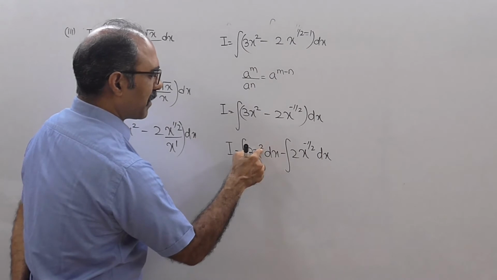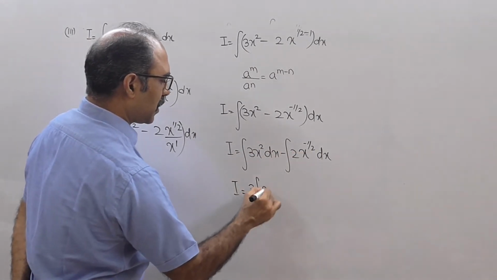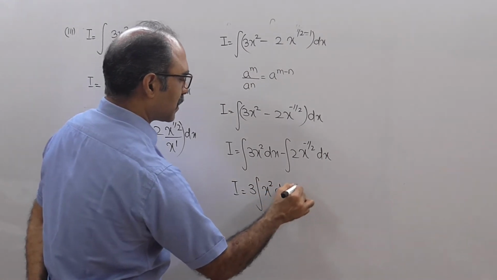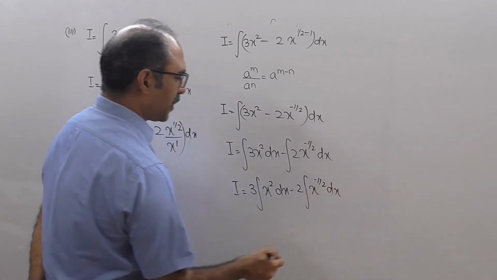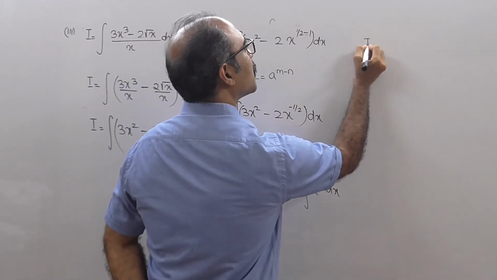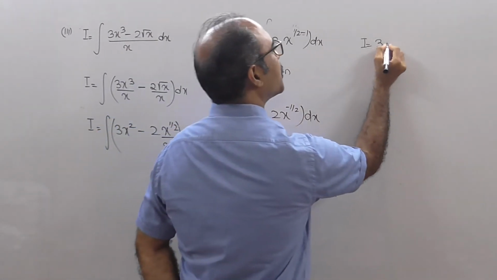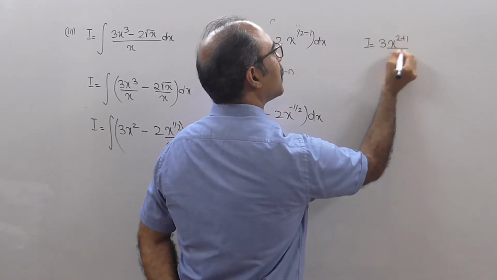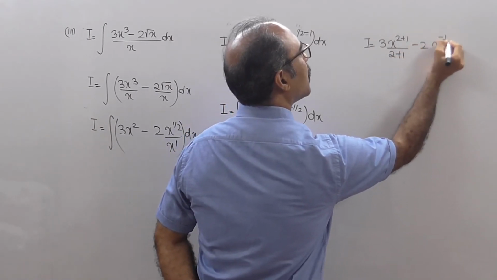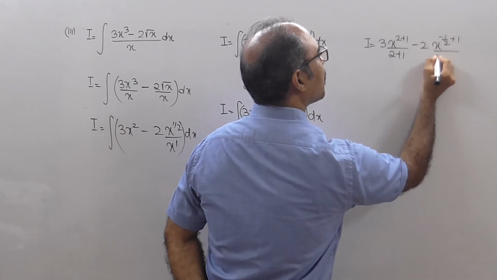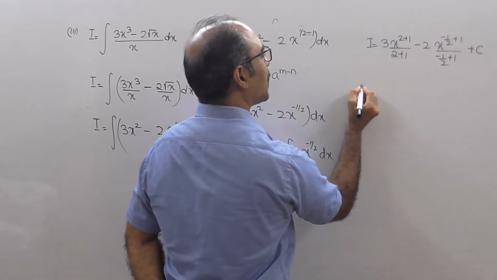Now this is a power function, this is also a power function. I take 3 out, I get x square dx, minus 2 out, x raised to minus half dx. So I get I equal to 3 times x raised to 2, that means 2 plus 1 upon 2 plus 1, minus 2 times x raised to minus half plus 1 upon minus half plus 1, plus c.